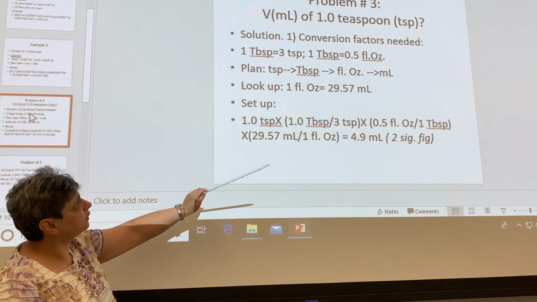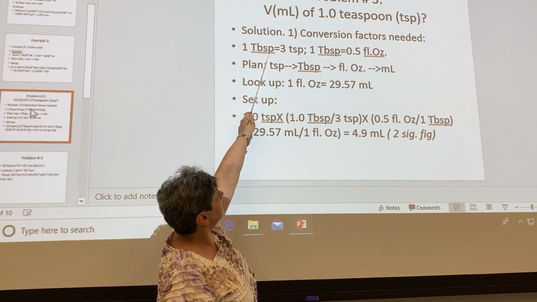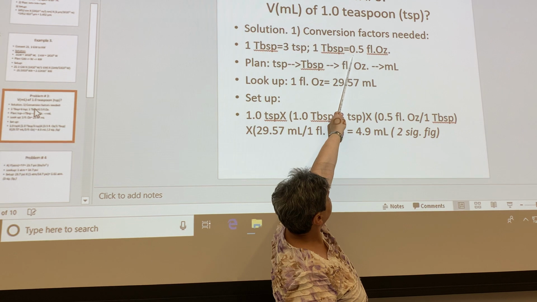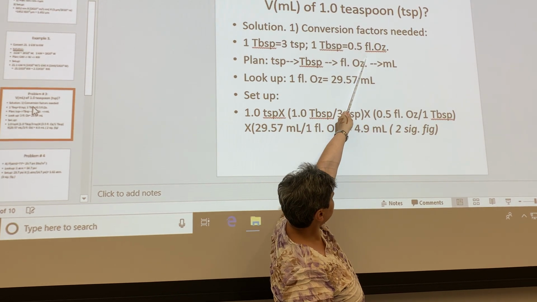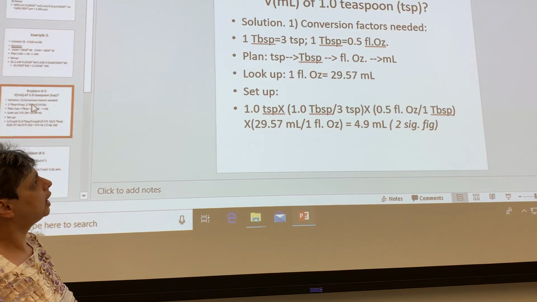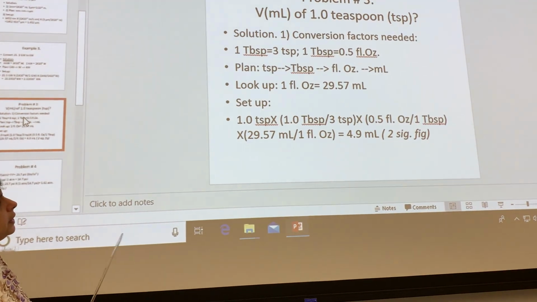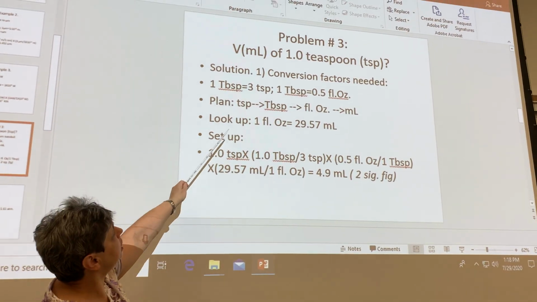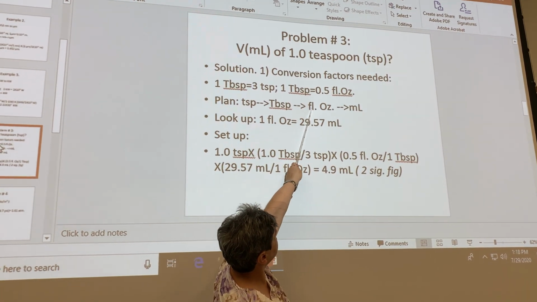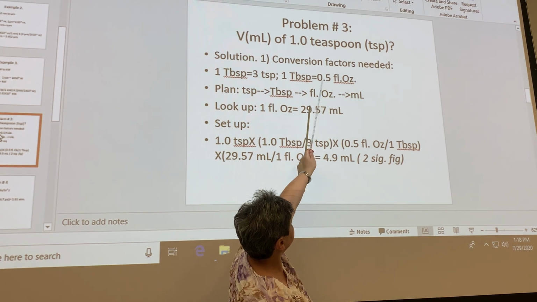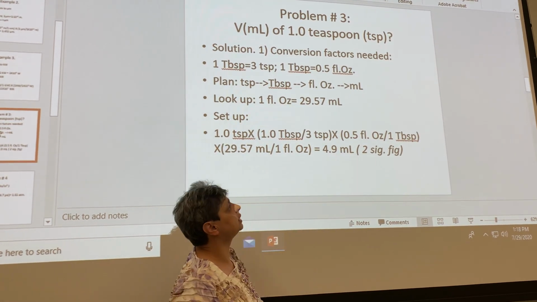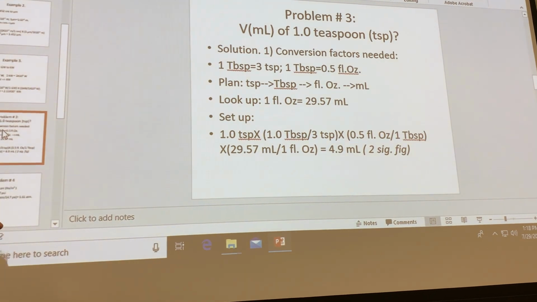The problem itself tells you that 1 tablespoon is equal to 3 teaspoons, and that 1 tablespoon is equal to 0.5 fluid ounces. And so the plan here would be to go from teaspoons to tablespoons, then to fluid ounces, and then to milliliters. But then you realize that this last conversion between fluid ounces and milliliters is not provided, so we have to look it up.